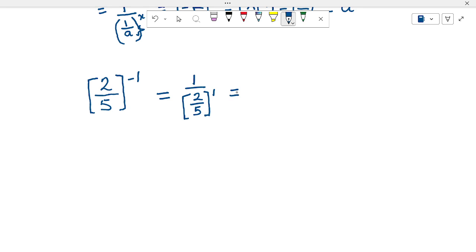Can somebody tell me what this means mathematically? It means 1 divided by, good, 2 all over 5 raised to power 1.